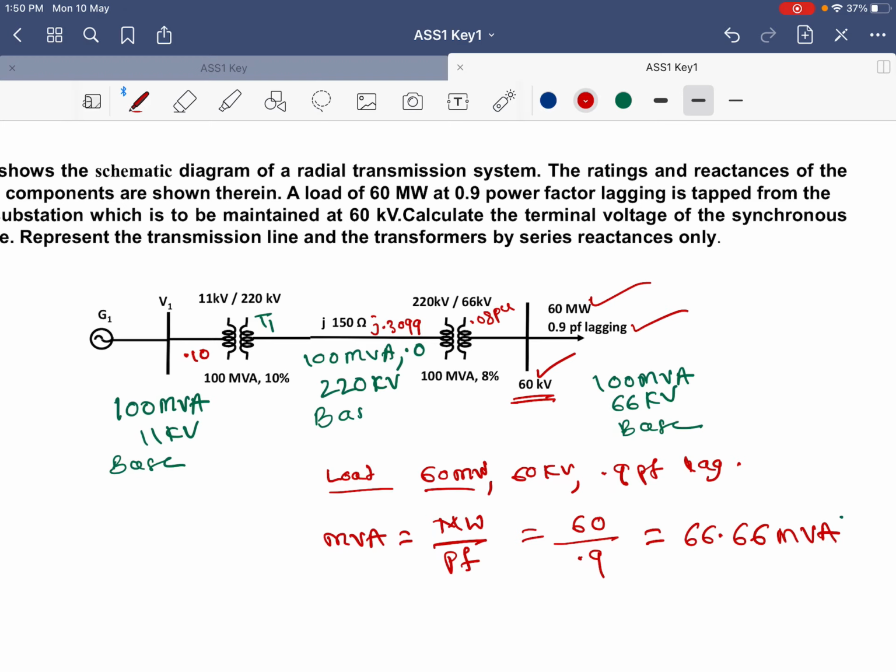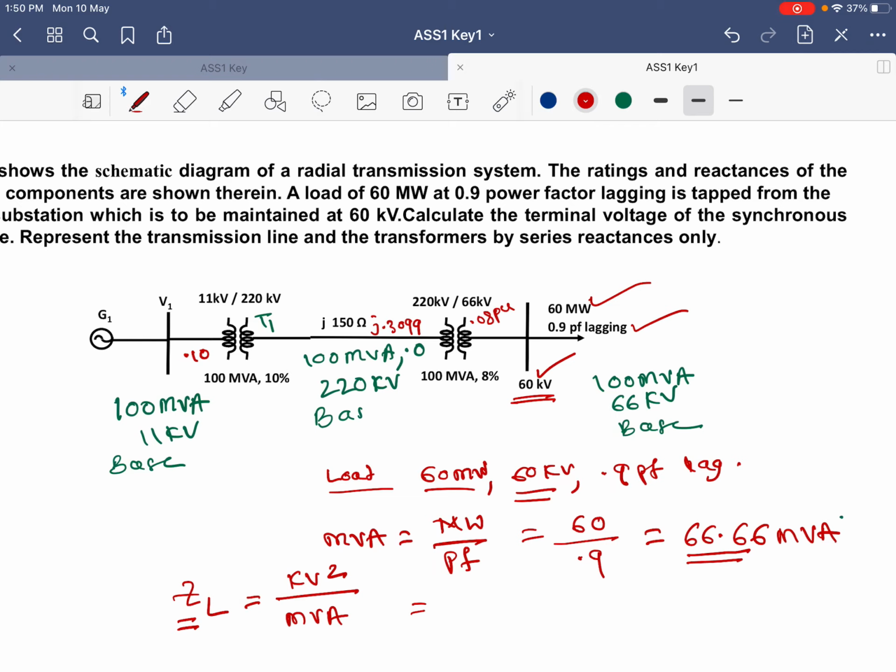Then the next thing is to find the load impedance. We know that ZL, just like ZB, is kV square divided by MVA. Here I am talking about load impedance, therefore you have to take the corresponding voltage and MVA of the load.